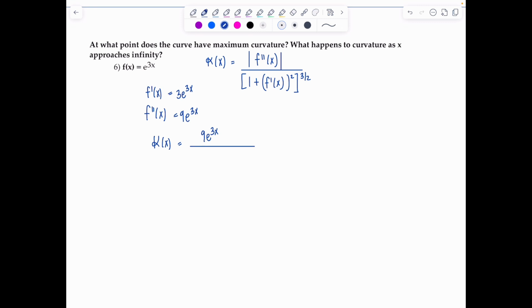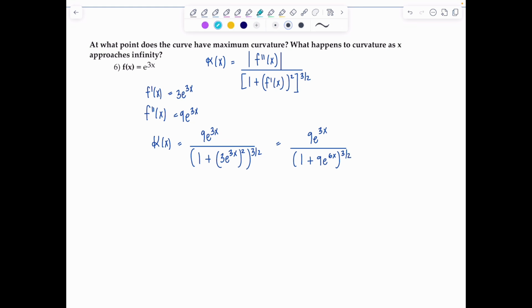Over 1 plus 3 e to the 3x squared, all raised to the 3/2. So this will simplify to 9 e to the 3x over 1 plus 9 e to the 6x, to the 3/2.